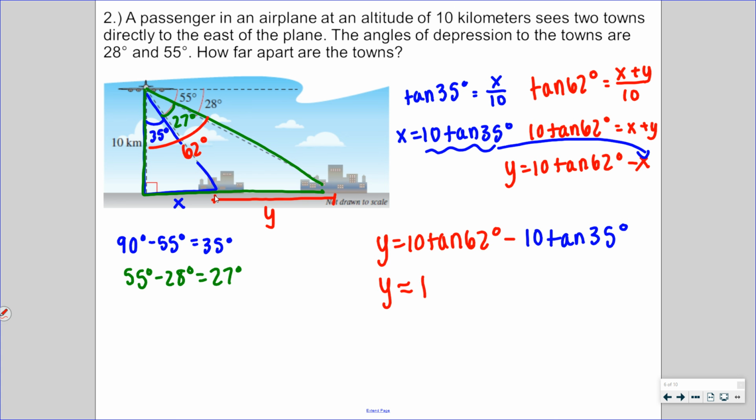Okay, you guys done? You do right triangle applications in geometry.